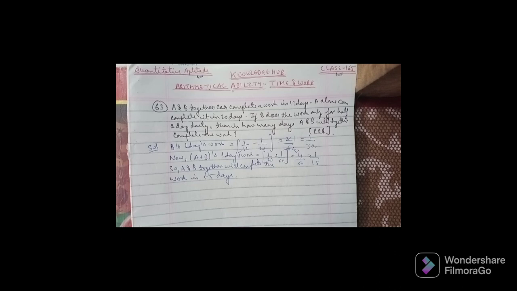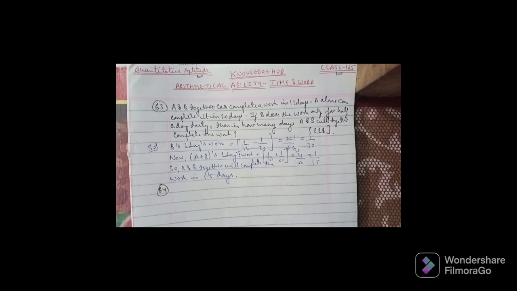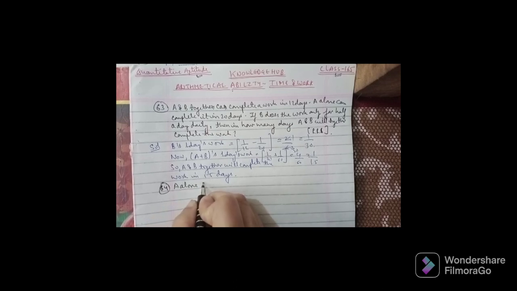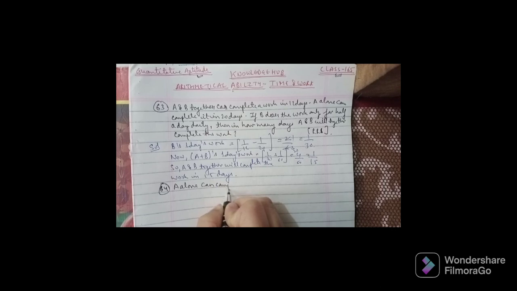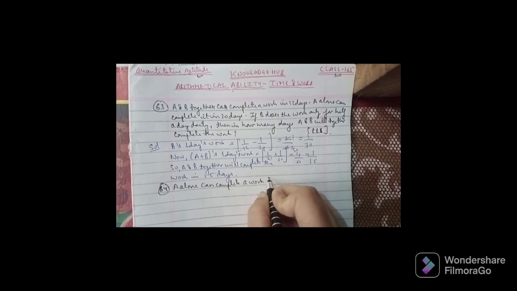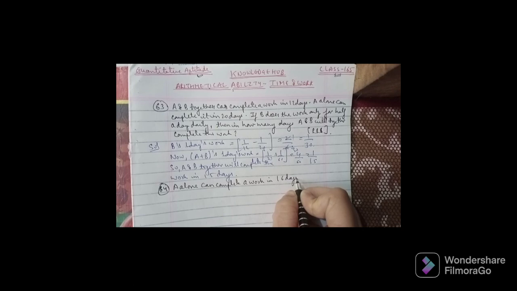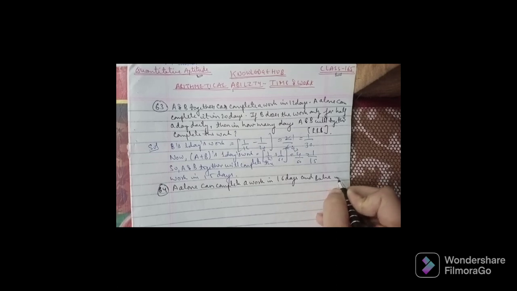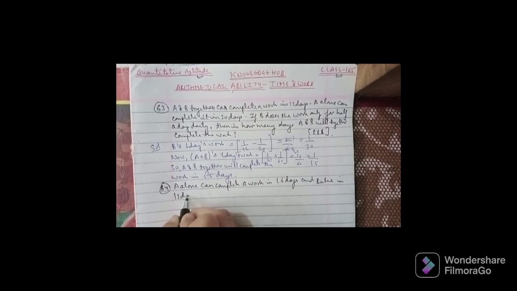So we have the 64th one. The question, as I told you, has been asked in the SSC examination paper. A alone can complete a work in 16 days and B alone in 12 days.